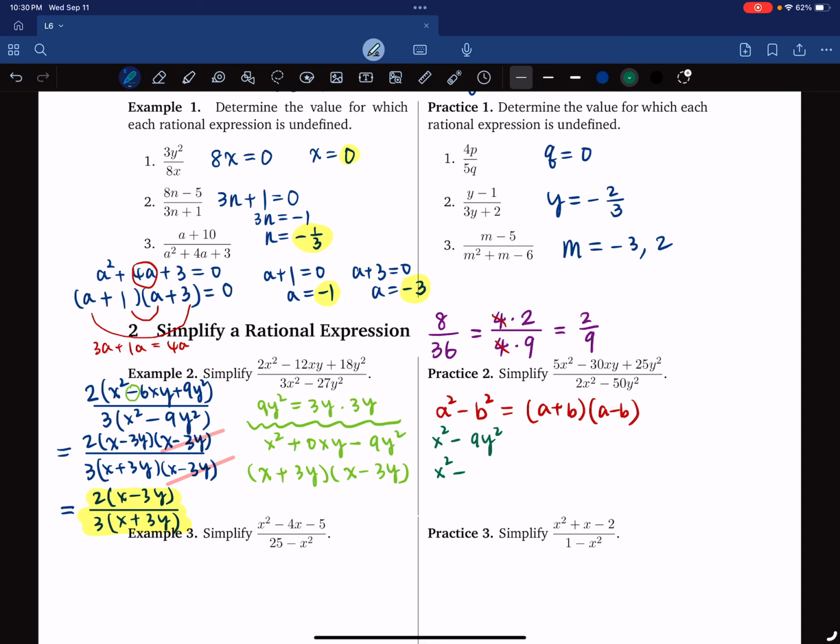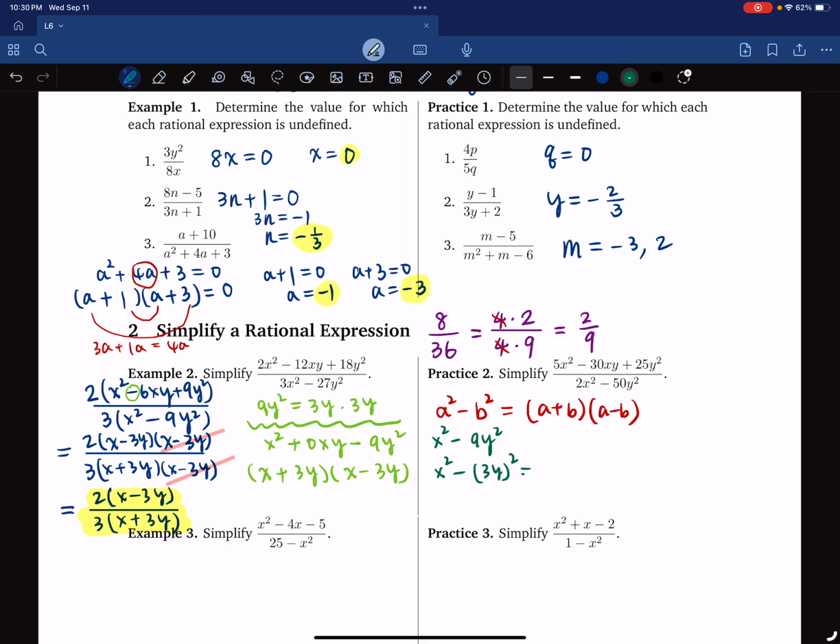For the 9y squared, we will change it to (3y) squared. This is because if you apply what we discussed in L5 exponential properties, you will know that when you square 3y, you will get 9y squared. So this will be the format a squared minus b squared.